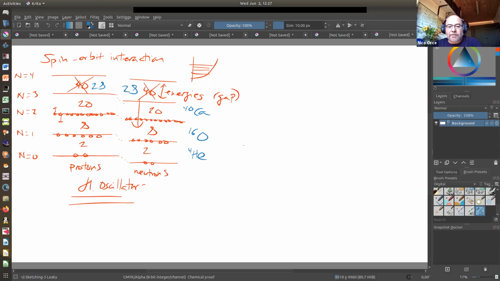So how do we reproduce these magic numbers? This was the idea: we add a potential, which is going to be minus L dot S. According to L, the orbital angular momentum, and S, the spin, we are going to see what happens to these levels once we apply a perturbation.